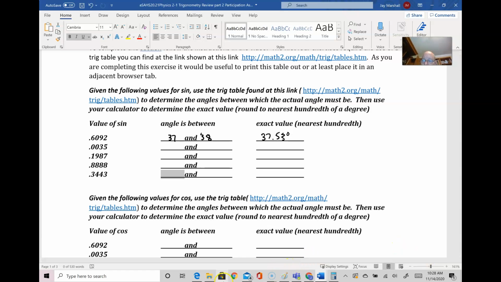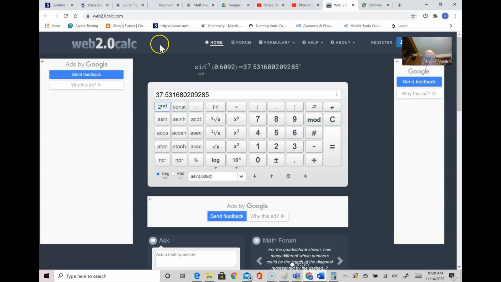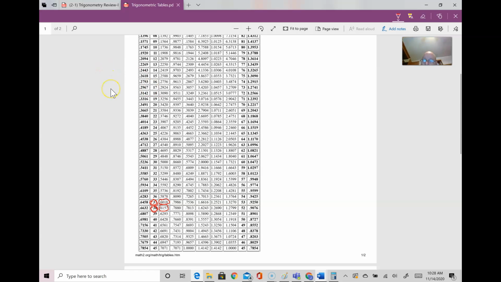Let me show you how to do one for the opposite side of the trig table, because the trig table is a little funky here. Let's look at 0.8888, and we'll go back to the trig table. For angles that are higher than 45 degrees I have to use the other side of the trig table.